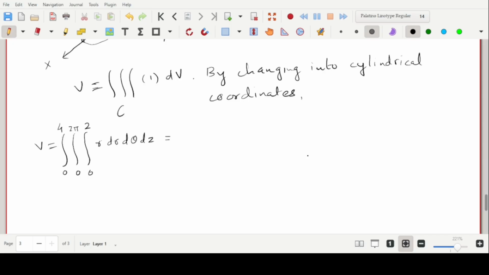Be careful about the order of the integration and the corresponding orders of limits of integration.